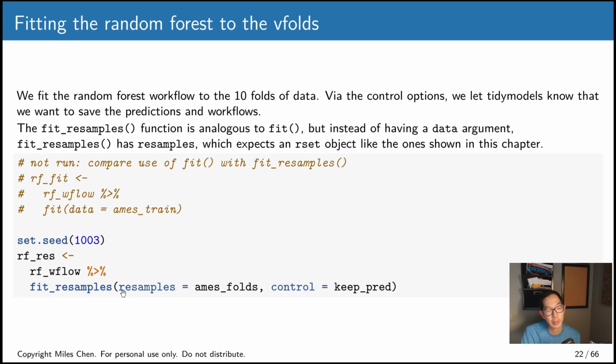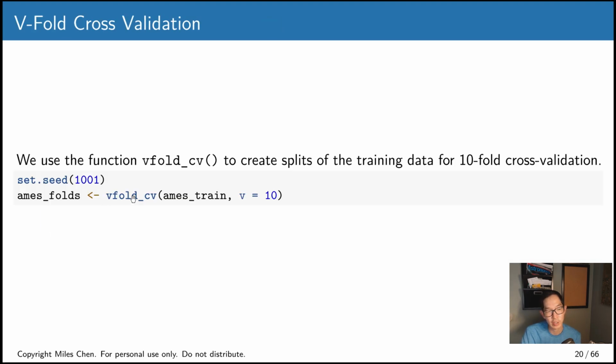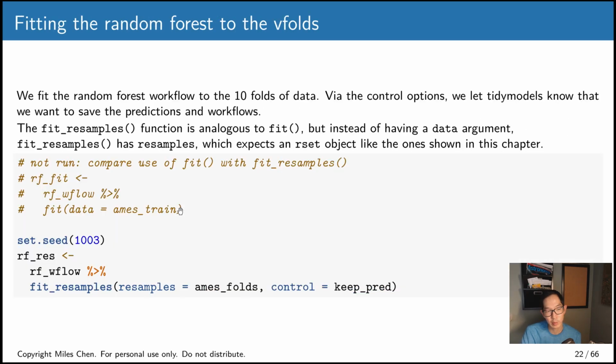Rather than taking the original full training data, ames_train, we say fit it to the ames_folds. The ames_folds is the result of calling vfold_cv on the Ames training data. So it's a similar process, but instead of calling fit, we call fit_resamples. Tidymodels will then say, rather than just fitting it once to the training data, I'm going to fit it 10 times, once to each of the different folds.